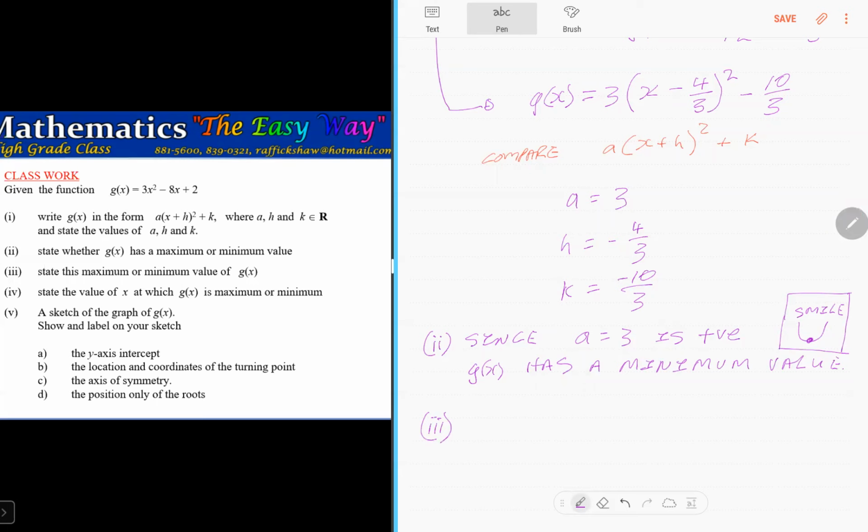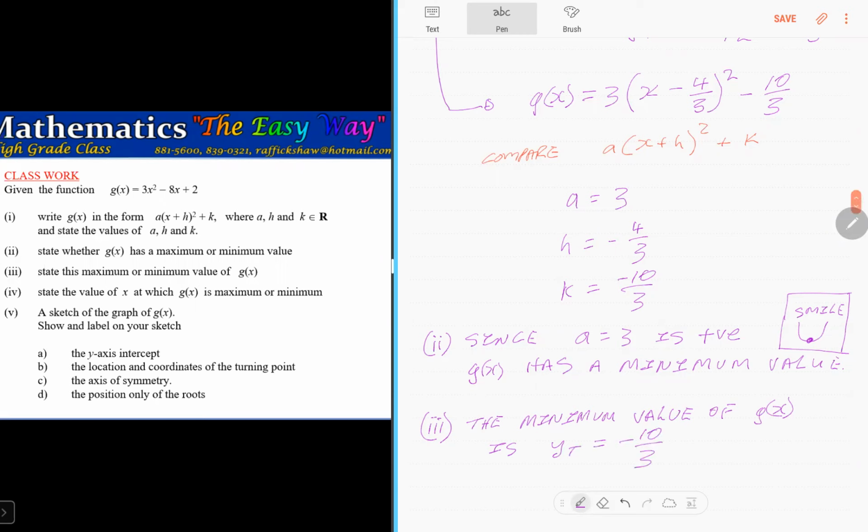Part 3 says we are to state this maximum or minimum value. We know it's minimum, all right? We have to state it. So the minimum value of g of x is the lowest y value on the graph, which is the y value of the turning point, equal to negative 10 over 3.